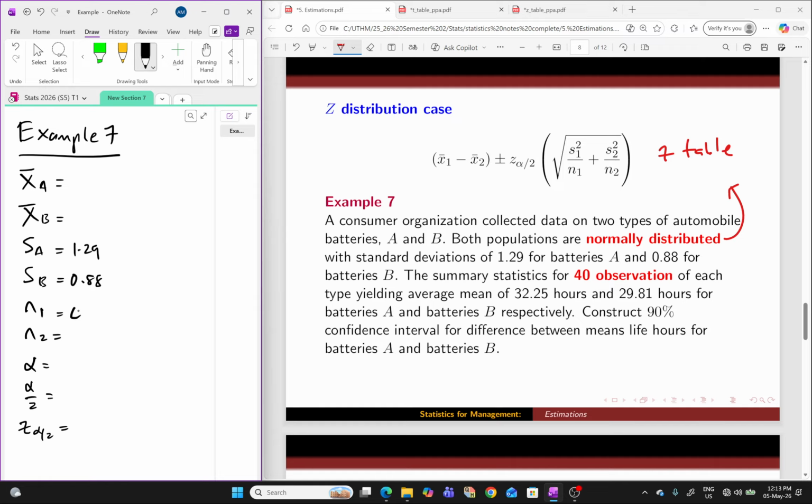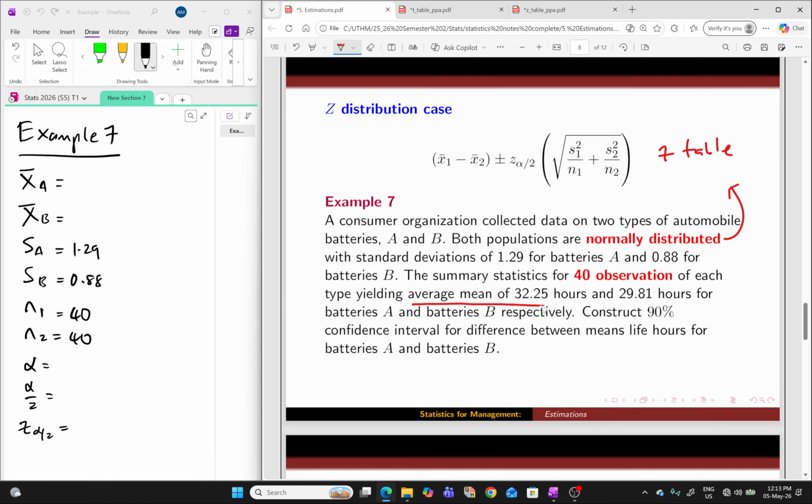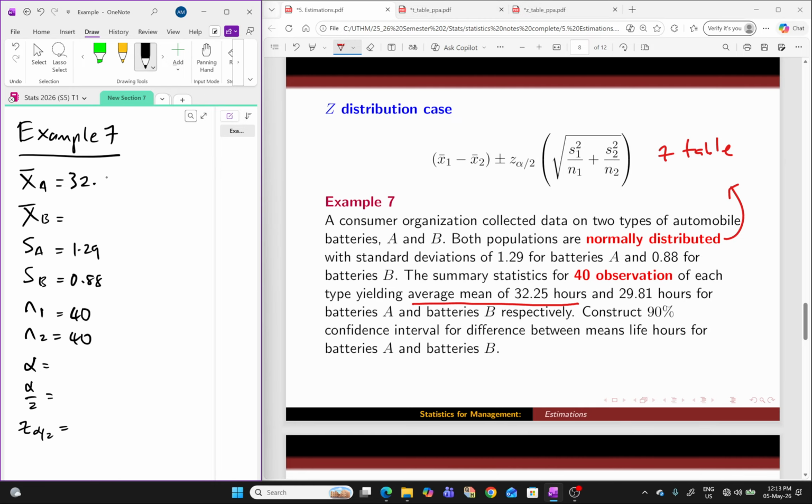Setiap adalah 40, so 40. Average mean for A is 32.25, and the other one is 29.81.